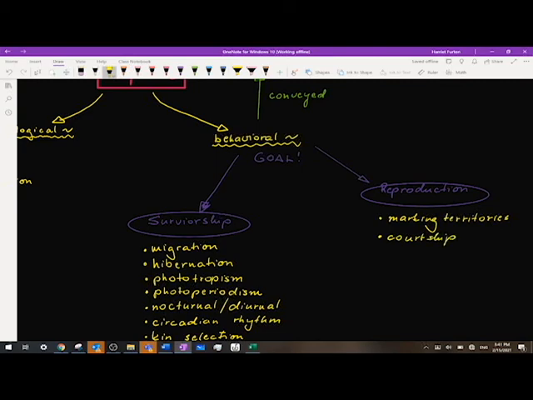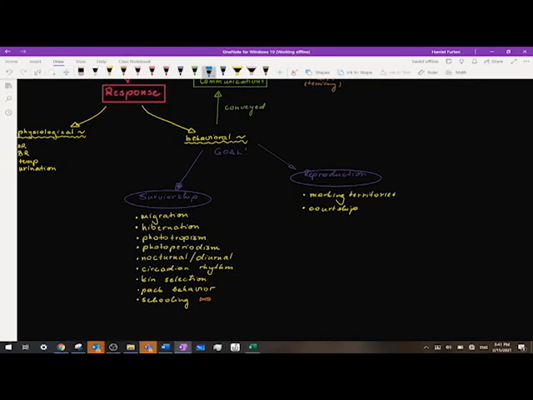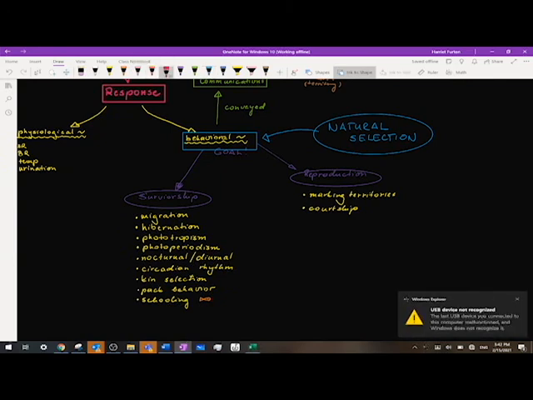These behaviors, as well as the physiological and the behavioral responses, are selected by natural selection, by nature, and nature picks the best behavior that suits for the organism's survivalship as well as its reproduction.